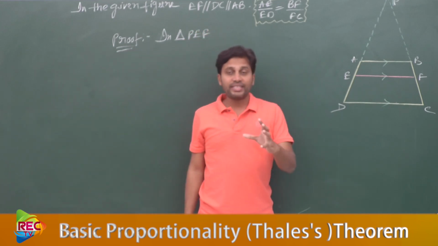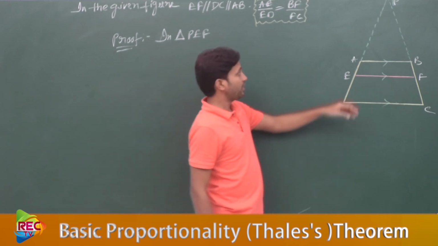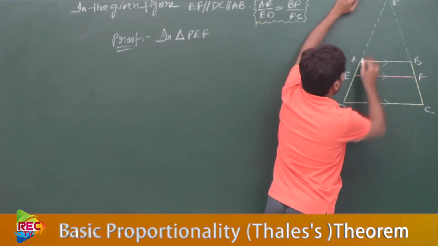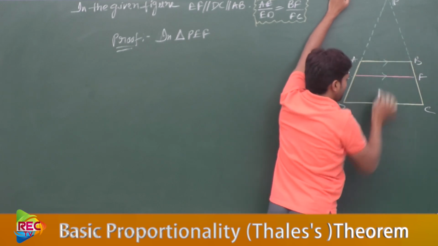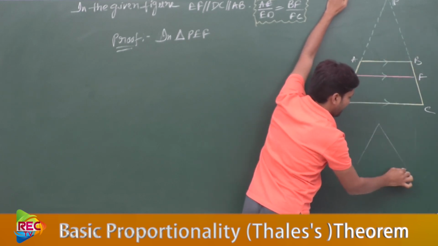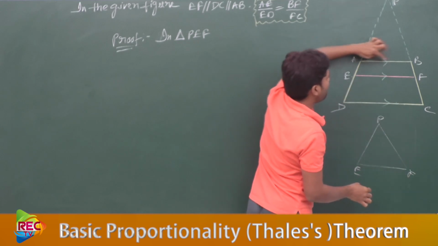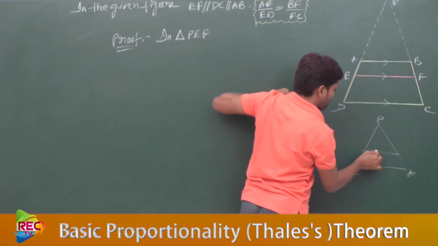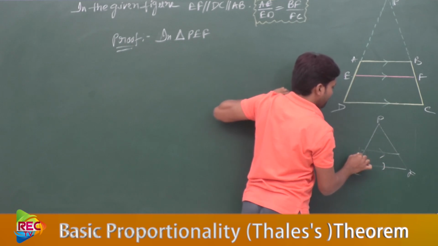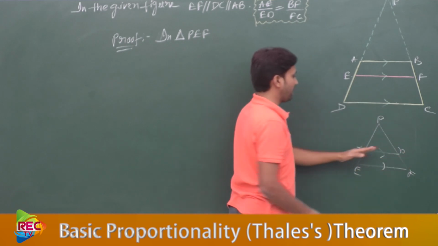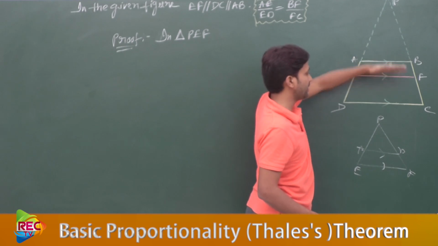If you apply Thales theorem, what is Thales theorem? See, I'm drawing PEF here separately. Here AB is one of the lines which is parallel to EF, or not? AB is a line parallel to EF, as we see in this figure.